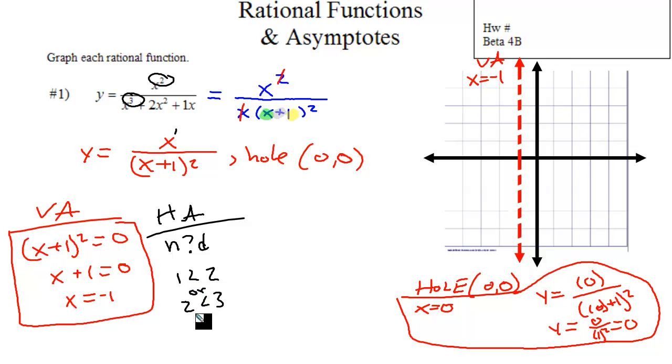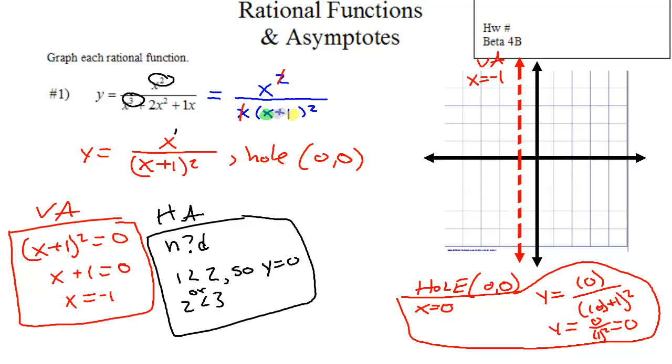You don't do both. I'm just showing you that it doesn't matter which one you pick, it's the same result. The top is 1 less than the bottom, no matter which point you pick there. So we have a horizontal asymptote at y equals 0, since n is less than d.